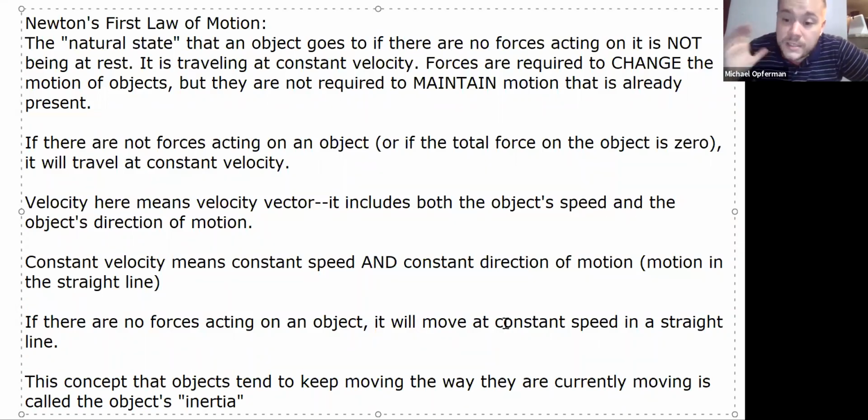And that actually is the same way we use the word inertia in everyday life. We say, like, I have some inertia, I can't get started. But inertia also means if you have some inertia, it's hard to stop you, because once you get going, you want to keep going. But if you're not moving yet, you don't want to start. That's the essence of what inertia really means. And that's the essence of what Newton's first law is really all about.